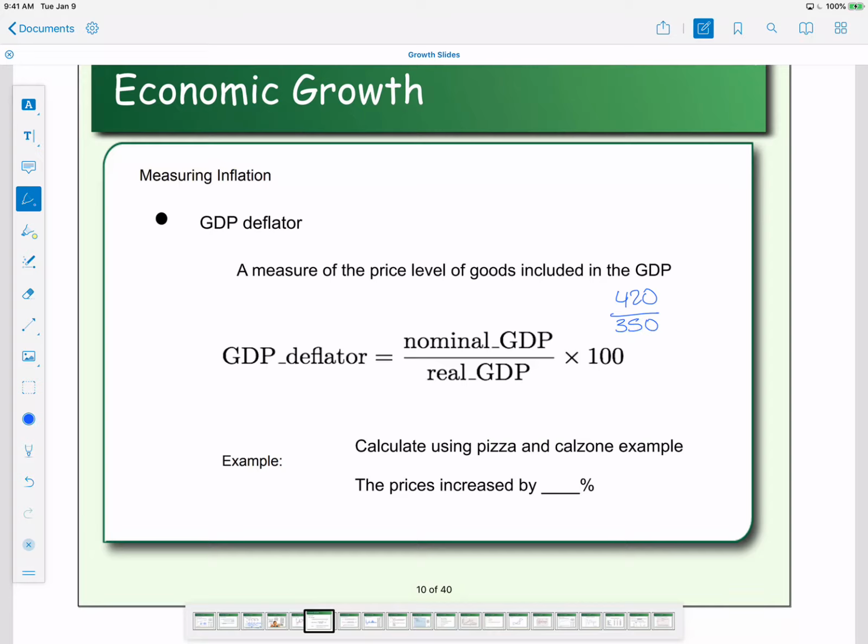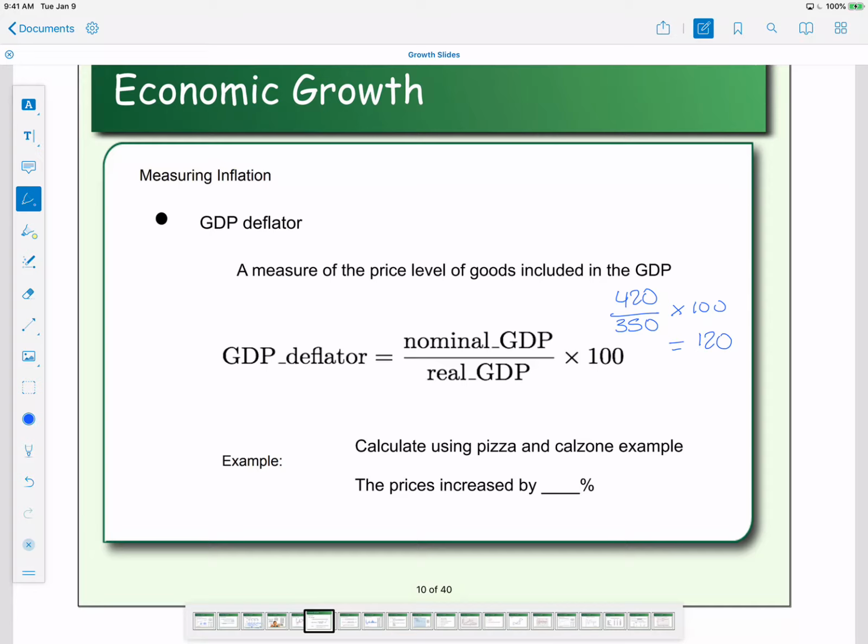If we take 420 and divide by 350 and multiply times 100, we can calculate the GDP deflator. So 420 divided by 350 times 100 is 120. A GDP deflator of 120 tells you how much inflation there's been since the base year.